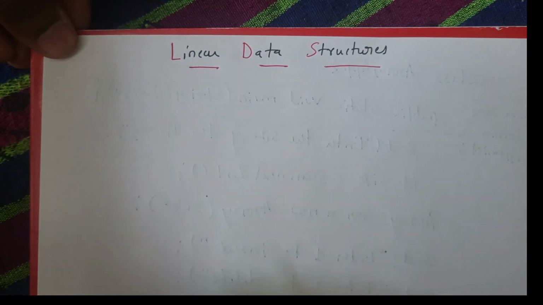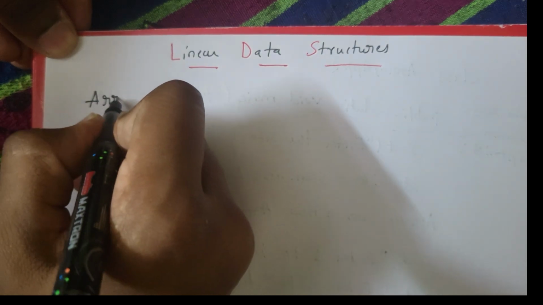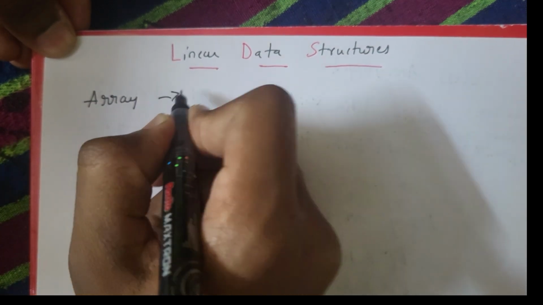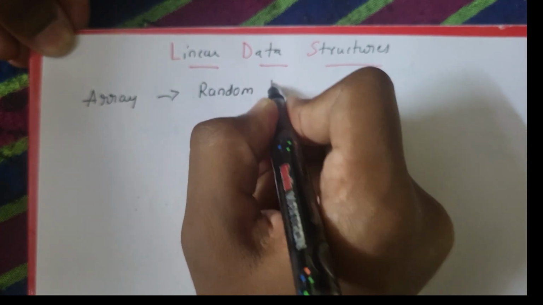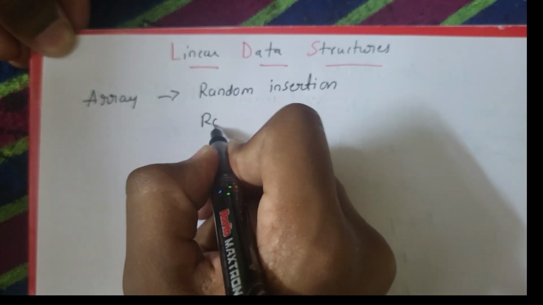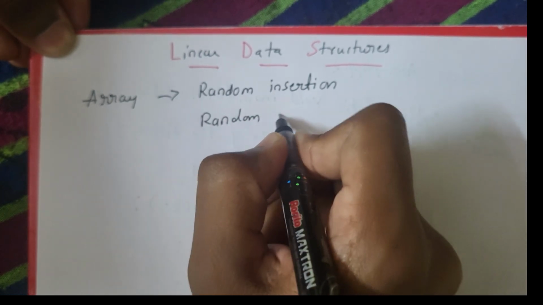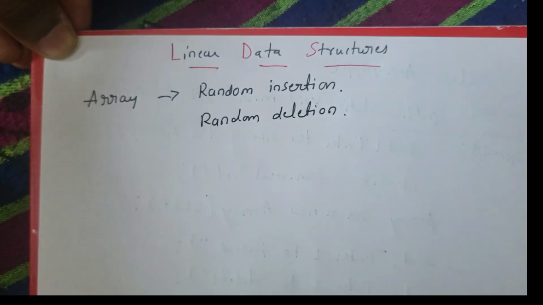Now, first we will discuss the array. I have said an array exhibits random insertion and random deletion behavior, right? Now we have to implement this using code. Let's see.